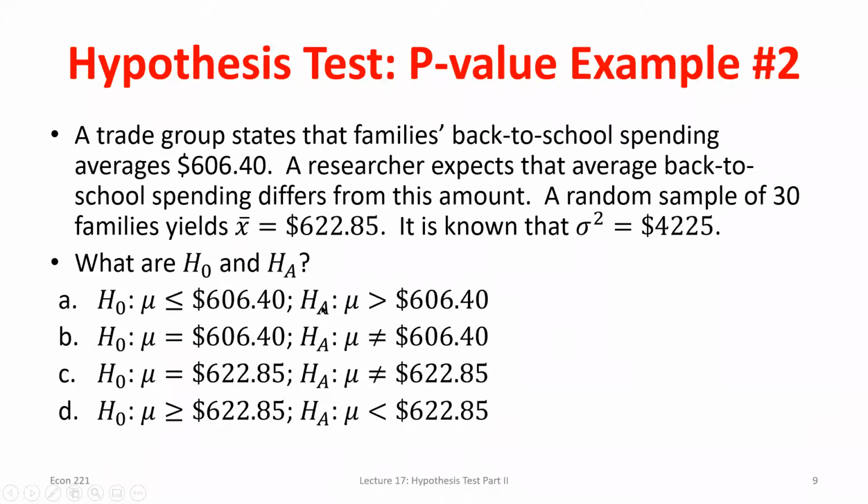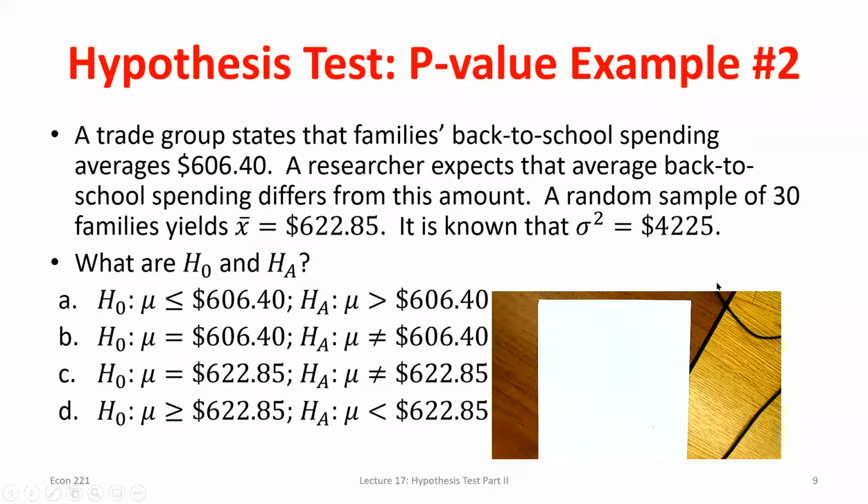But I want to work through one more example before we start to introduce some additional ideas. So let's say you've got this trade group and they state that the back to school spending average is $606.40. You think that the average back to school amount differs from that, right?